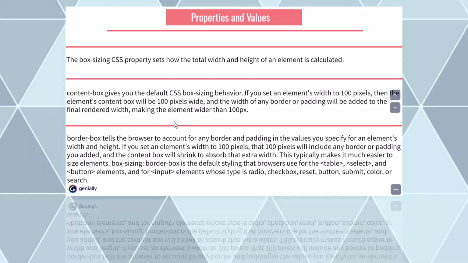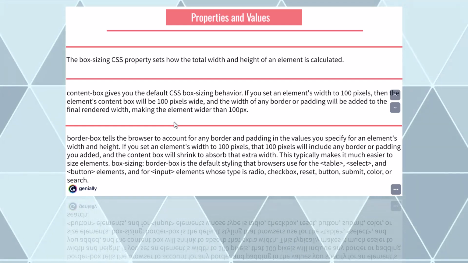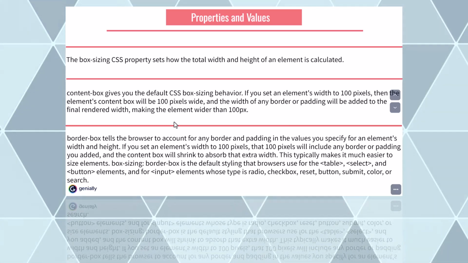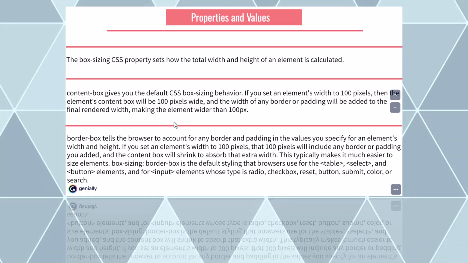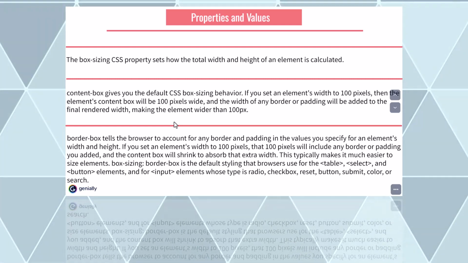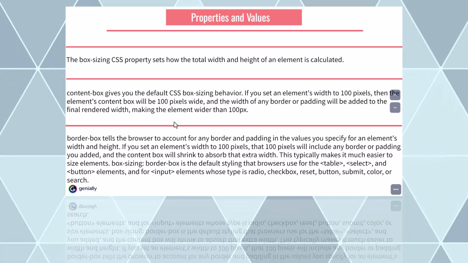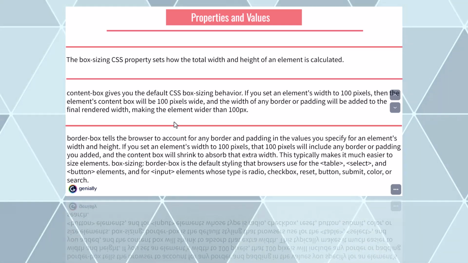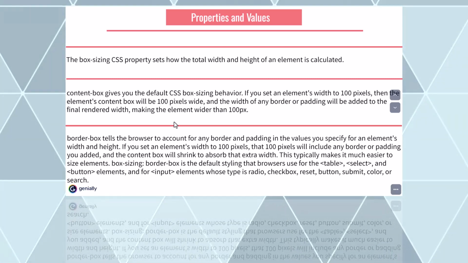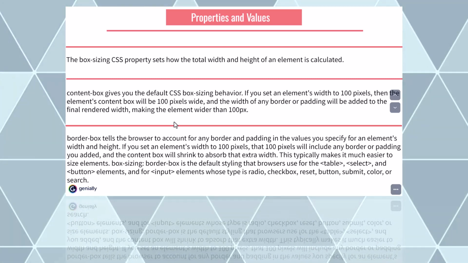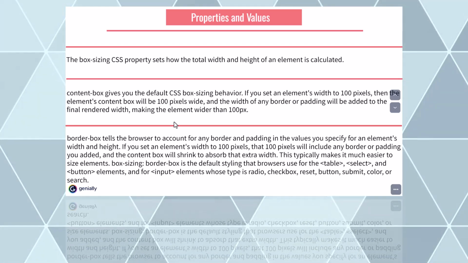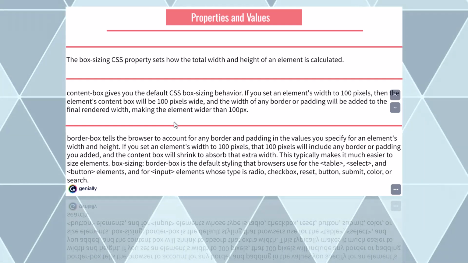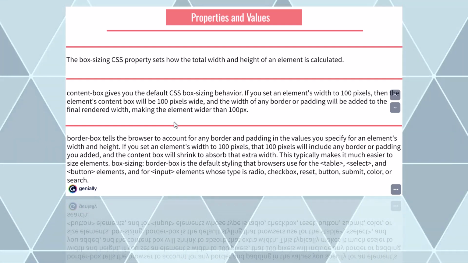Now, let me just help you there. You were getting there, but you somehow lost yourself. Let me just remind you about content box. Let's say you give an element a width of 100 pixels. The size of that element's width is 100 pixels. But the minute you add a border, let's say you declare a border property and give it a border width of 50 pixels, the width is no longer 100 pixels, because there was a border defined, which is 50 pixels.